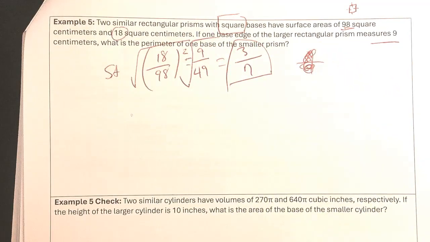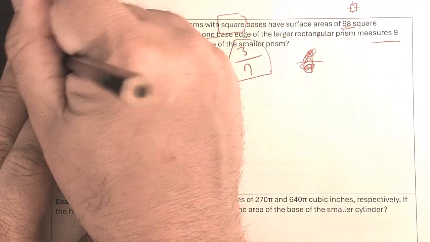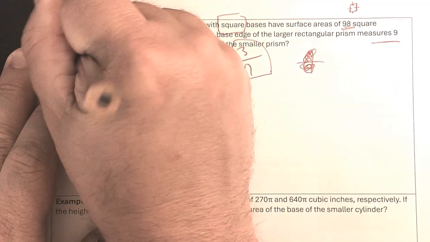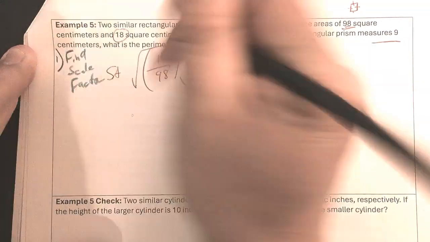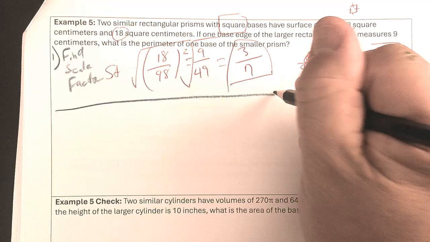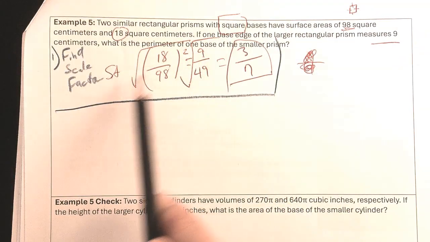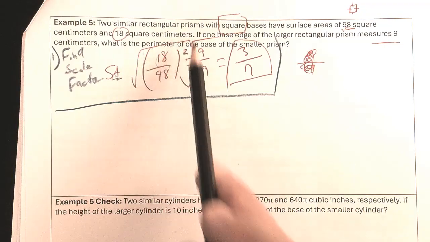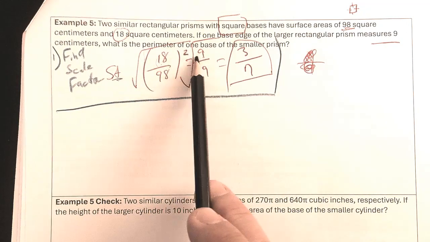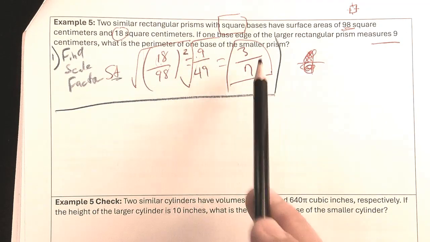But step 1, find scale factor. And that's what we did, because the surface areas, that's the scale factor squared, so we took the square root. We just took half of that so we could pull this number out of that.